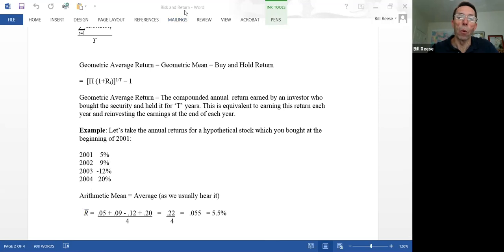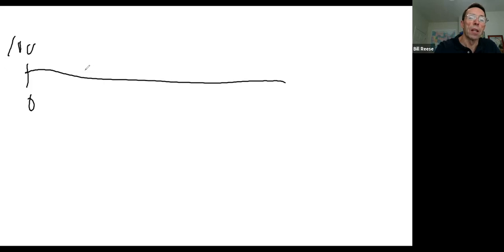On the whiteboard, if I've got this money to manage for you for these 4 years, here's time 0, and you give me $100. In the first year, the money goes up by 5%, so at the end of the year, you're going to have $105.